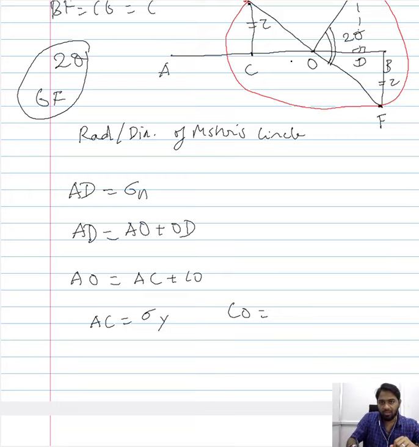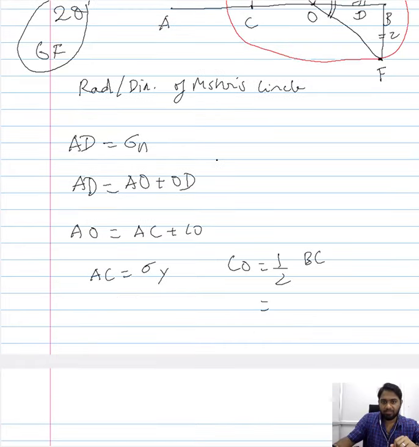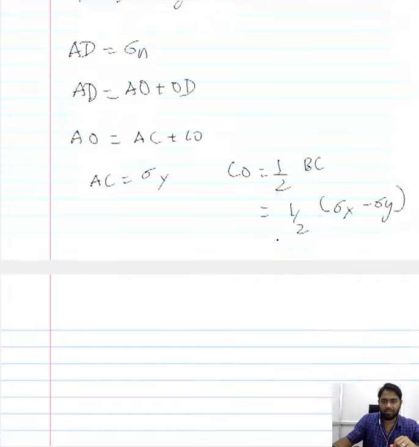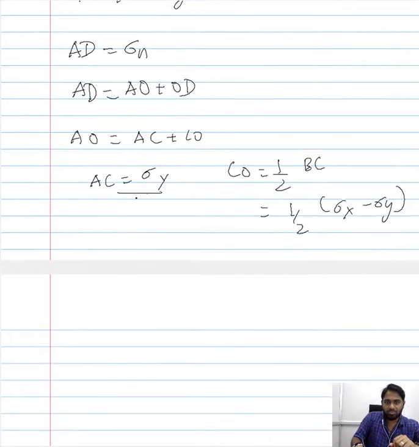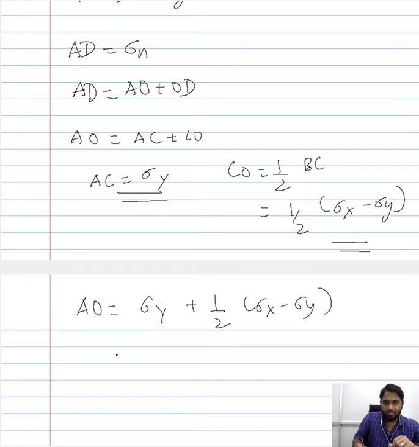BC is nothing but sigma x minus sigma y. Based on these two expressions, one can describe AO as sigma y plus 1 by 2 of sigma x minus sigma y, and that would be 1 by 2 of sigma x plus sigma y.